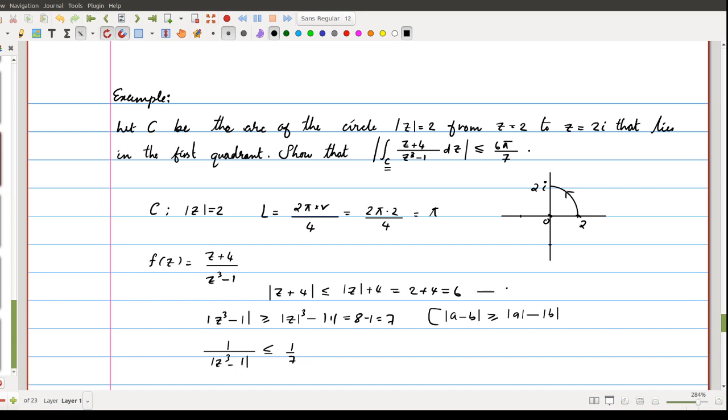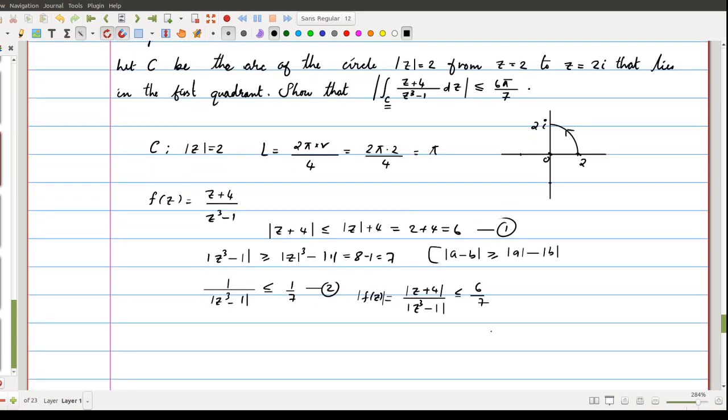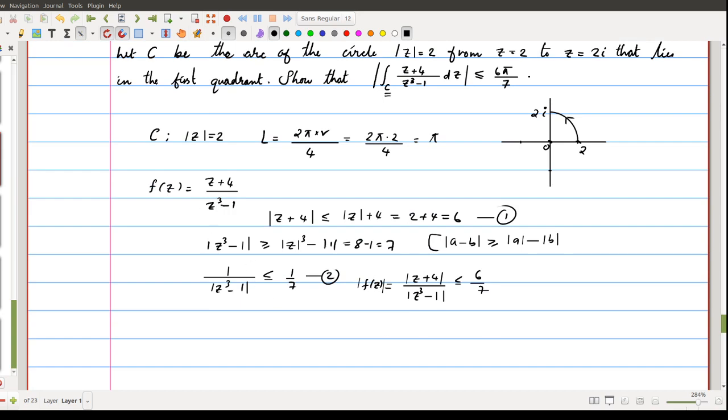Now we multiply these two. We get the modulus of z plus 4 times the modulus of 1 by z cube minus 1, which is always less than or equal to 6 times 1 by 7, that is 6 by 7. This is in fact mod f of z, the modulus of z plus 4 divided by the modulus of z cube minus 1. So now we have obtained the upper bound for mod f of z.